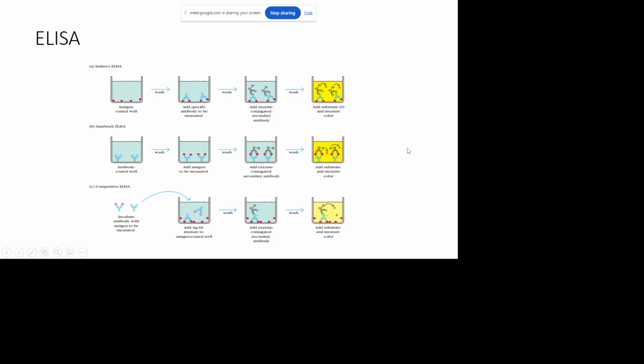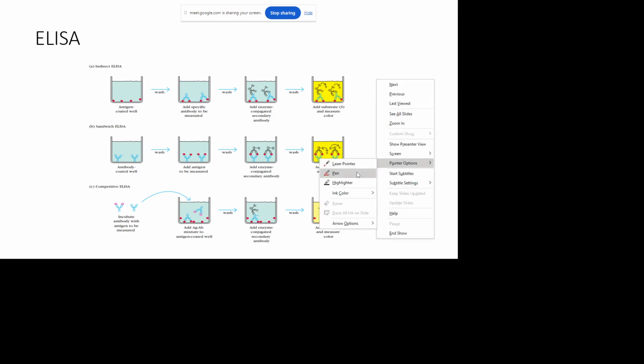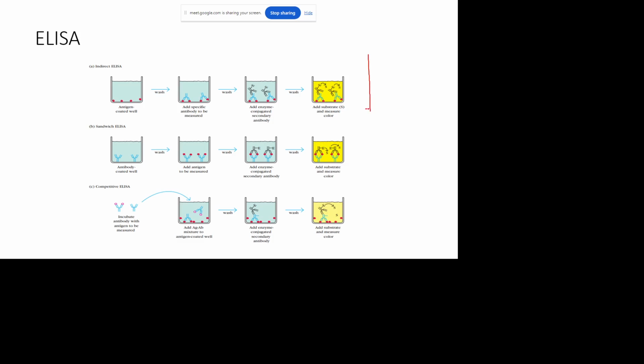In the same way, you can plot a standard curve where you add known concentrations of the antibody and measure the color intensity, in the same way that I have shown you. You will plot a graph: on the y-axis the intensity, on the x-axis the concentration of the antibody.